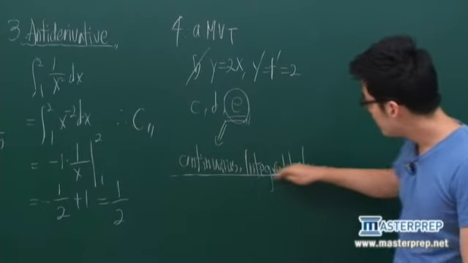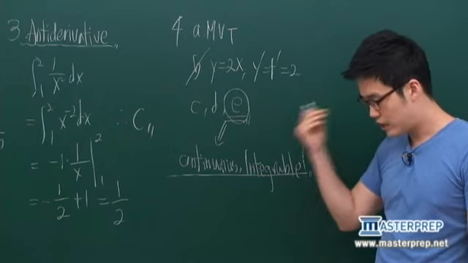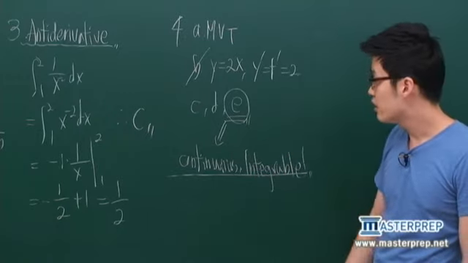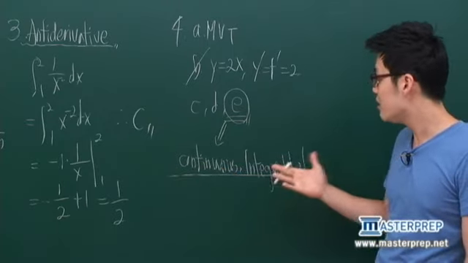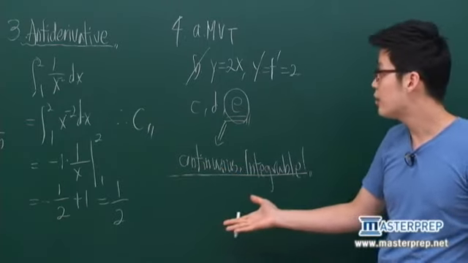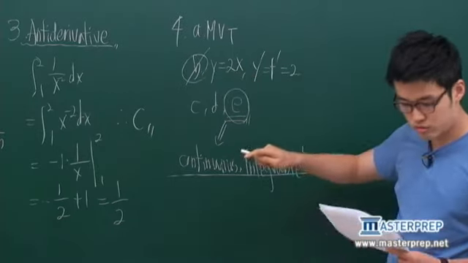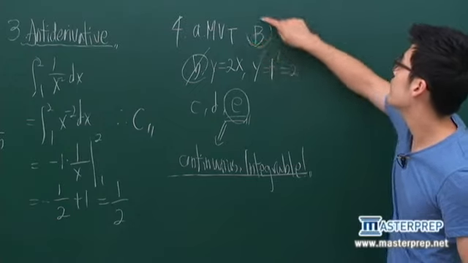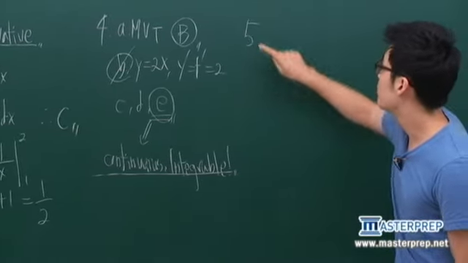So if you are still unfamiliar with this, just take it to get a harder grasp of this concept. Because if you didn't understand what continuity means and what integrability means, then you're at a loss right now. All right. So for number 4, B was wrong. So B was the answer because we're finding which option was false. And let's get into number 5.